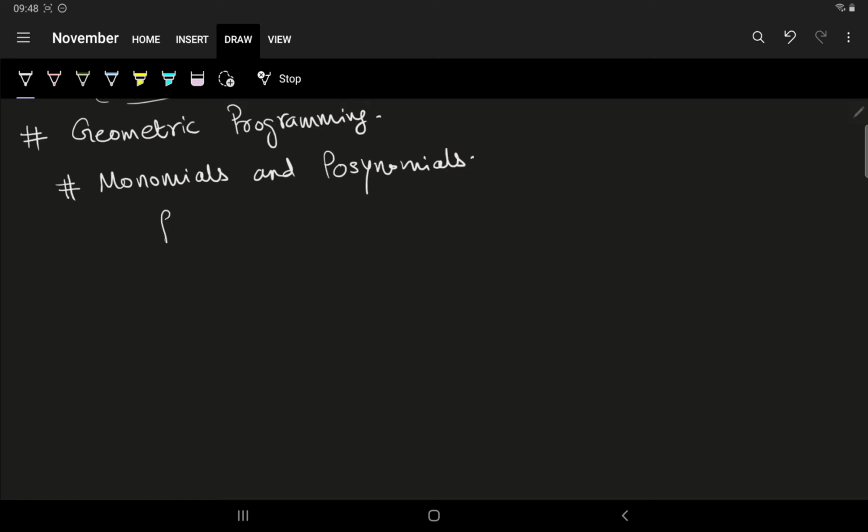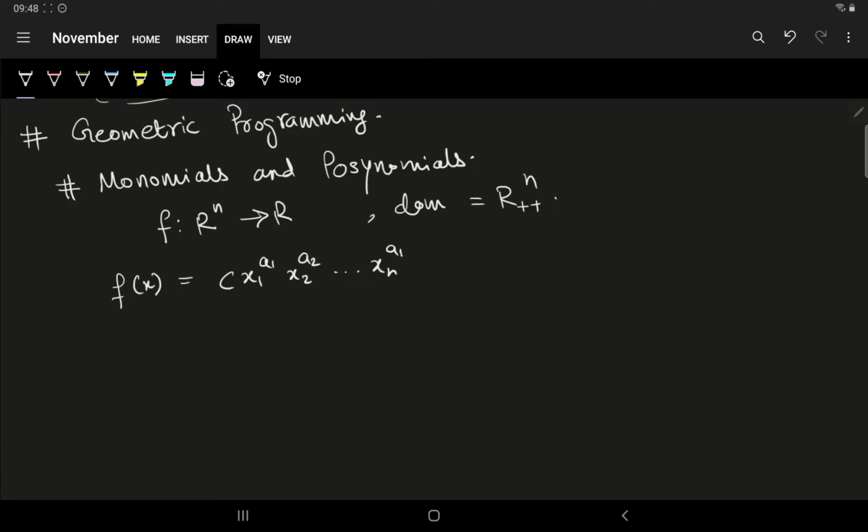A function from Rn to R and having a positive domain, defined as, is called a monomial function.